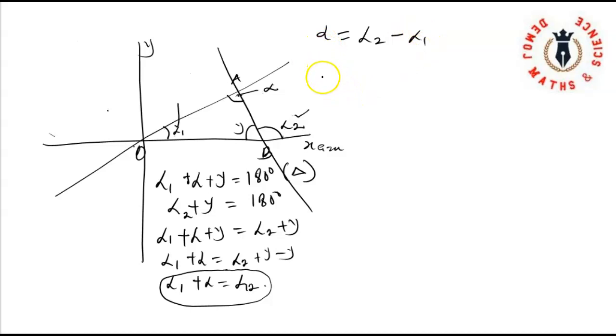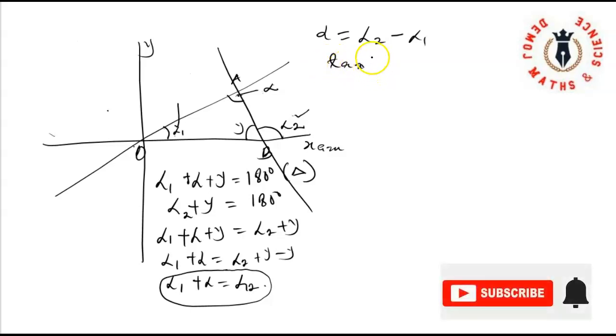Remember from our last lesson, where we explained the gradient of a line, we concluded that the tan of the angle, that's the tan of alpha 1, the tan of the angle it makes with this axis, is the same thing as the gradient of the line.